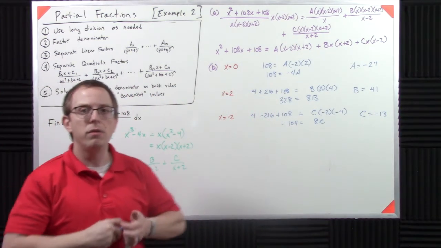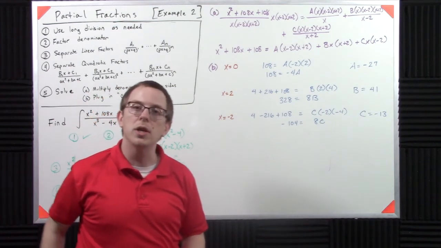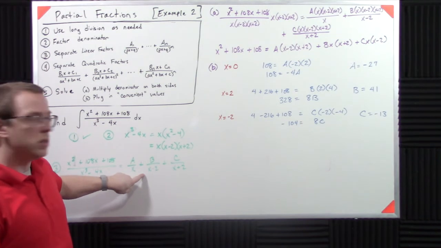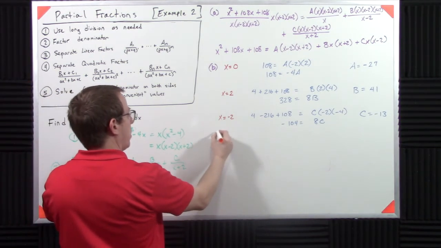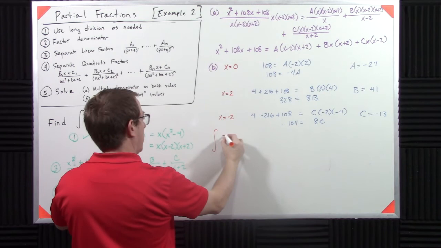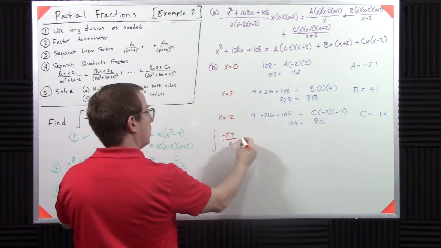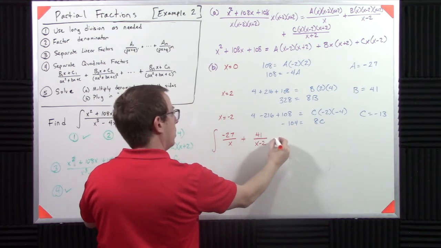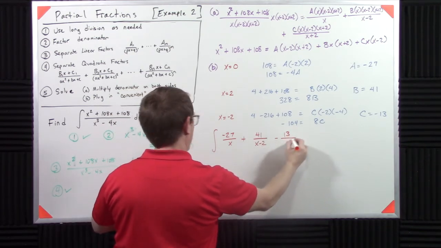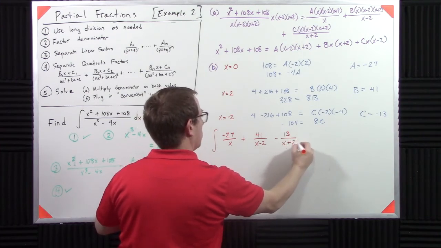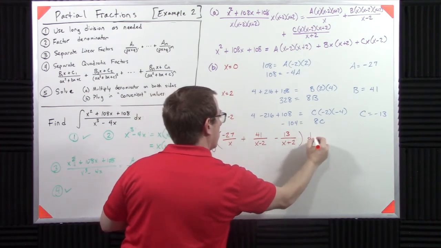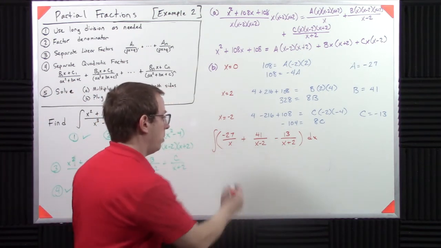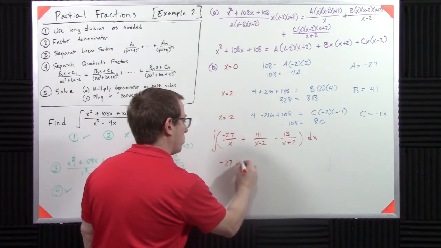Now that I have A, B, and C, I can set up my integrals. This is my format: the integral of negative 27 over x plus 41 over x minus 2 minus 13 over x plus 2 dx. Each of these is a log integral. We end up with negative 27 natural log of x.